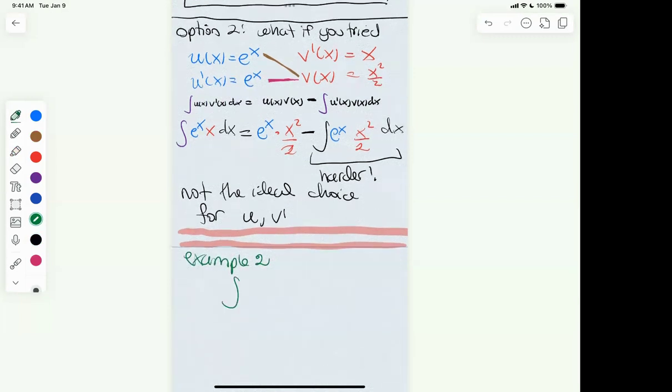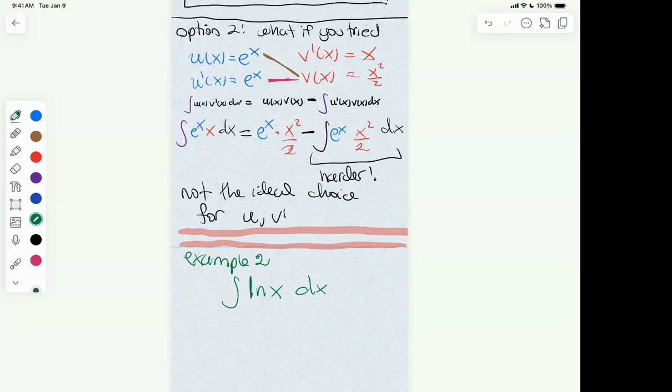Let's say I wanted to integrate natural log of x dx. Again, the idea, if you want to use integration by parts, is to write whatever you're integrating as a product.